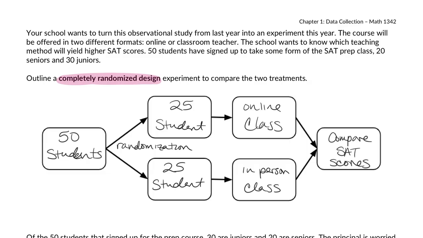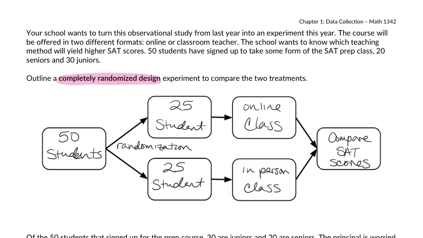Since we interfered and manipulated the way that they got the class, we will be able to say that there is some sort of causation, cause and effect, between the type of instruction a student got for SAT prep and their higher SAT scores. That again is called a completely randomized design. So you take the sample, immediately randomize it, assign the treatments, compare your data.